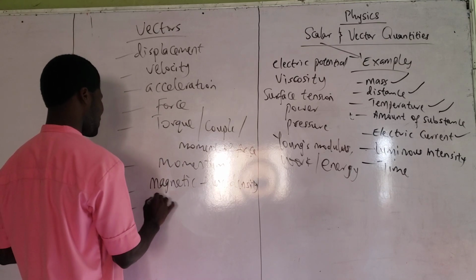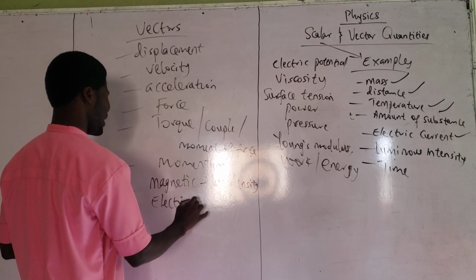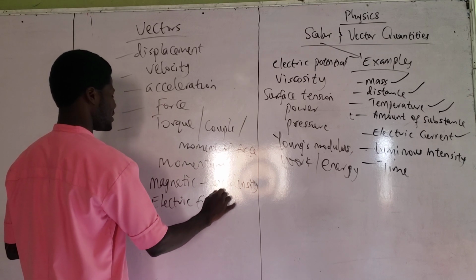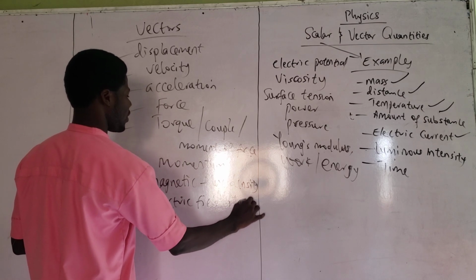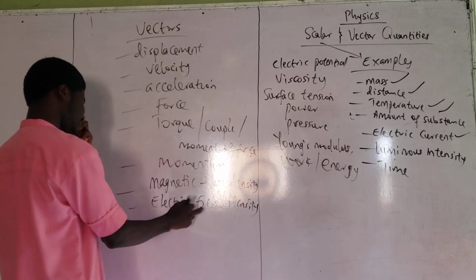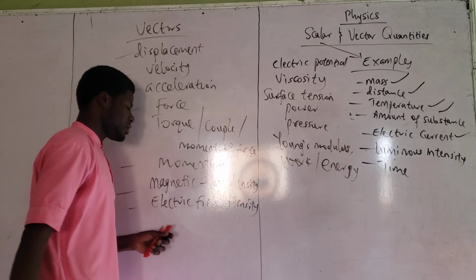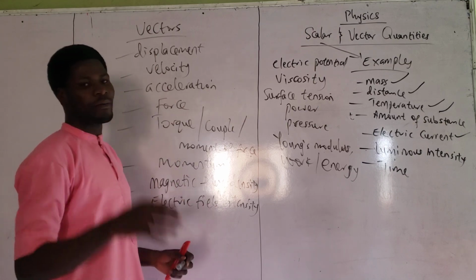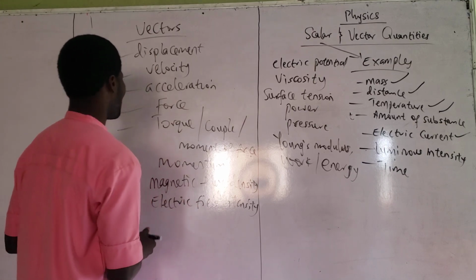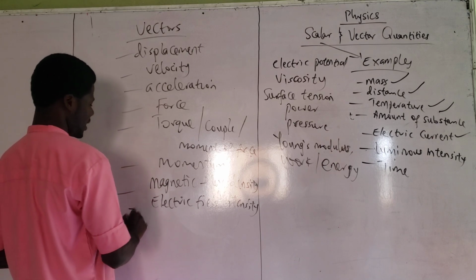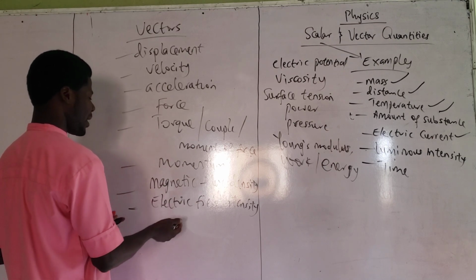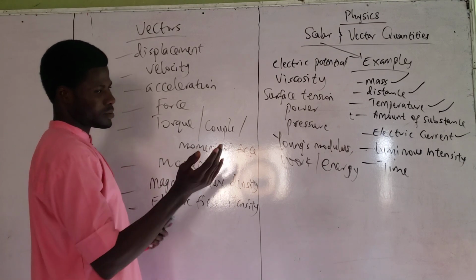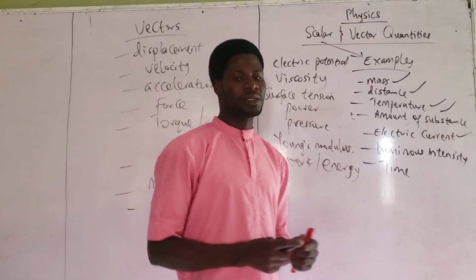We have electric field intensity, or what we call potential gradient. That will be done later when we get to electricity. And so on and so forth. There are so many, like normal reaction, upthrust. They are all vector quantities.